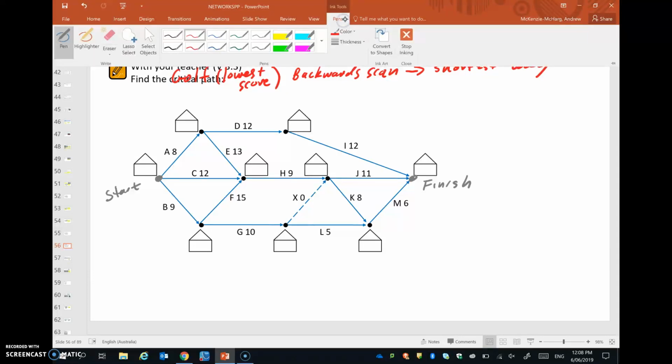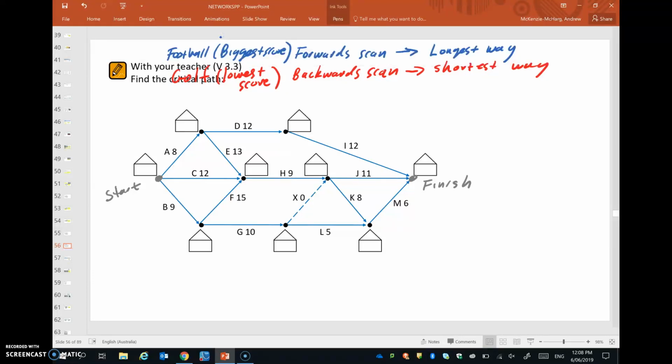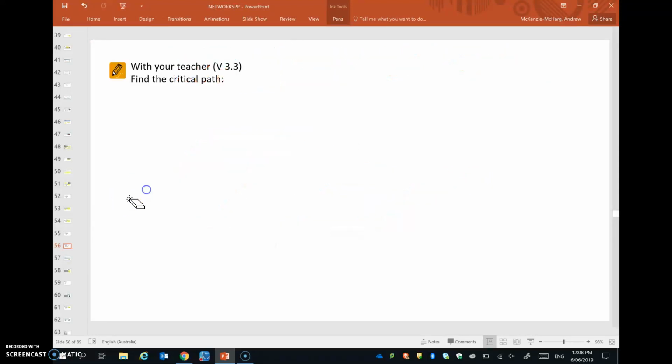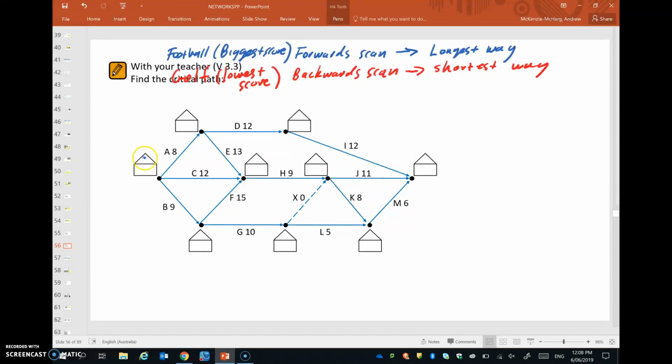So I'm going to complete the forward scan here, and to do that we start at the start, and we put a 0 in the top of this little house. These little house shapes are at each vertex, and they're just provided for you in order to keep track of the forward scan and the backward scan.